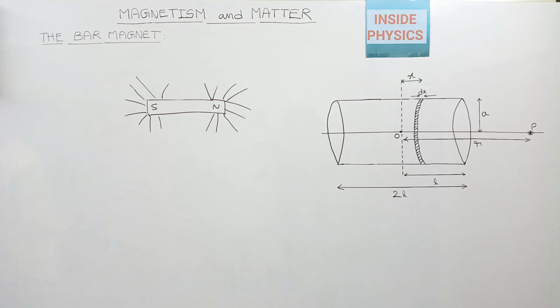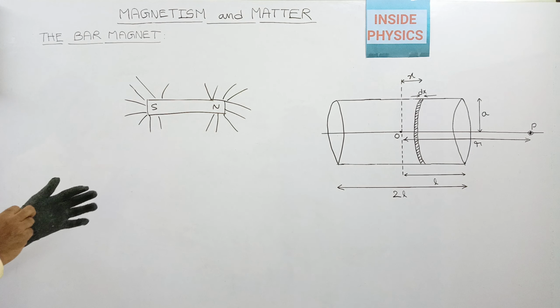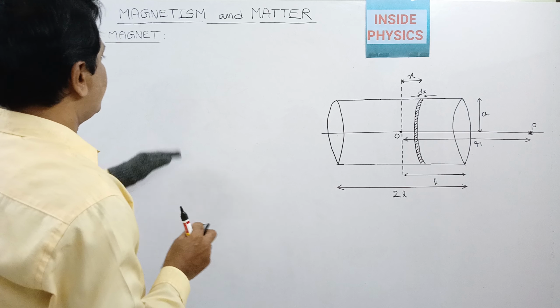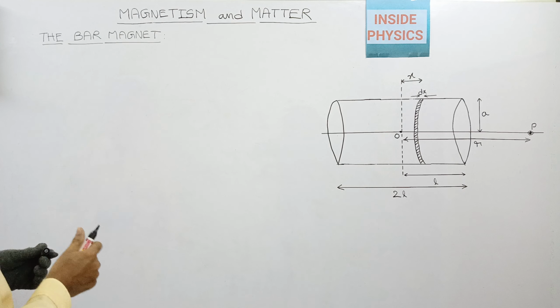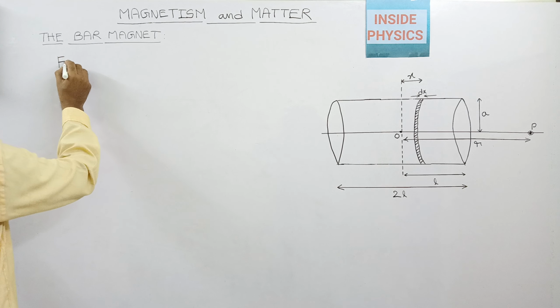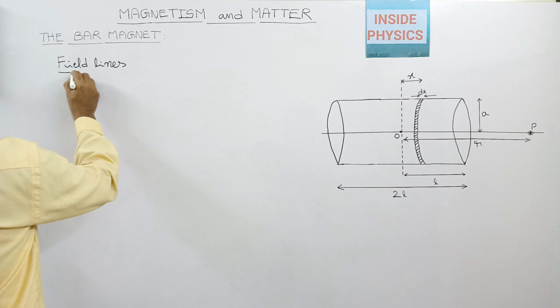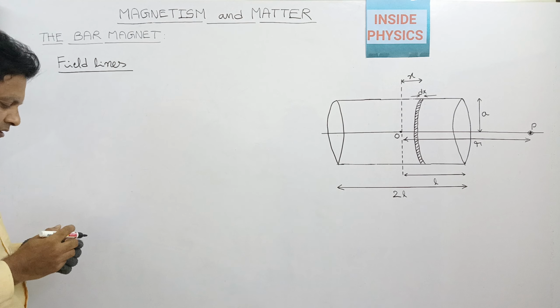Now we discuss the bar magnet and its field lines. So what is a field line? We will draw the field lines around a bar magnet so that we can identify some characteristics of field lines.